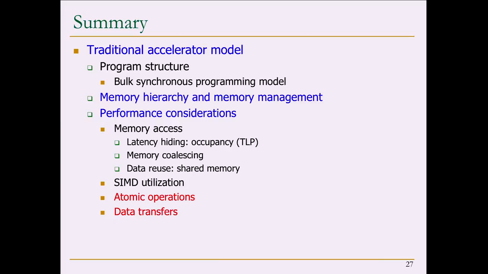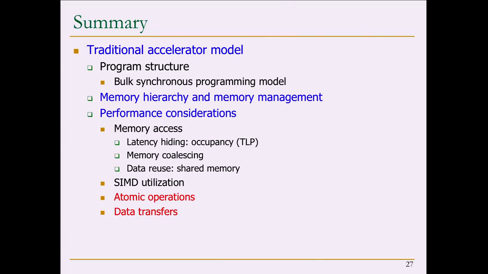So this is the summary of the first part of the presentation. This is what we call the traditional accelerator model. We have seen how GPU programs are structured. We have discussed some performance considerations. And in today's lecture, we have taken a closer look at atomic operations and also how to optimize data transfers.